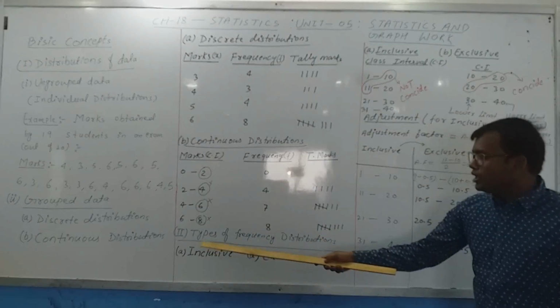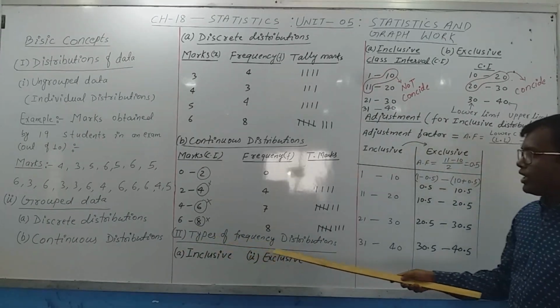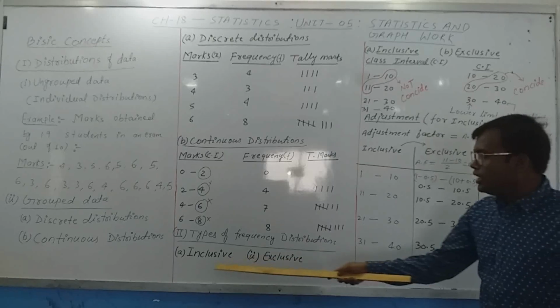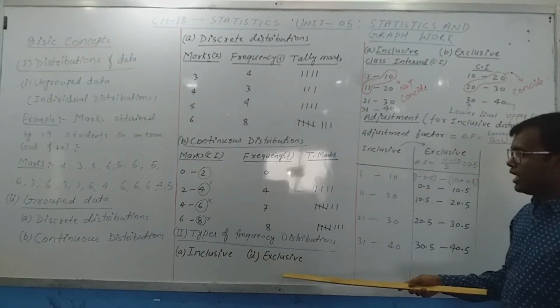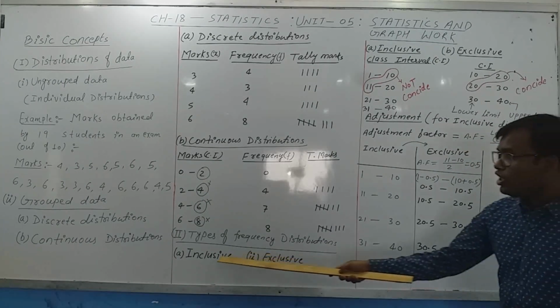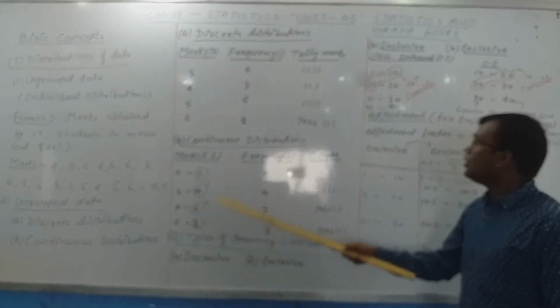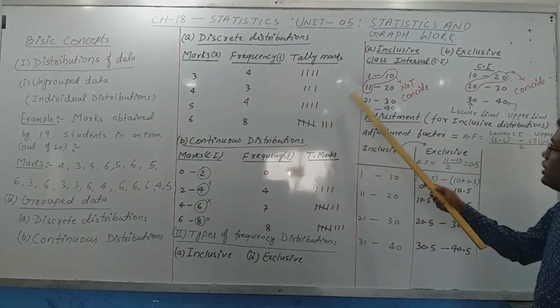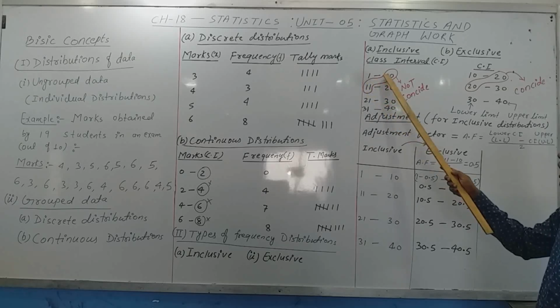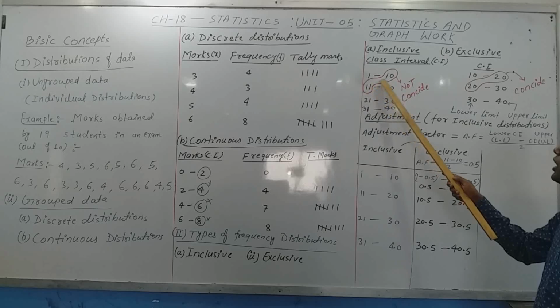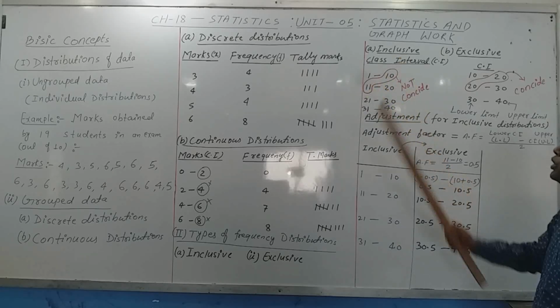So now the two types of frequency distributions. See, there is the inclusive distribution and second one is the exclusive. In inclusive, the class intervals are not continuous. It is in the form of continuous, but it is not in the exclusive way.